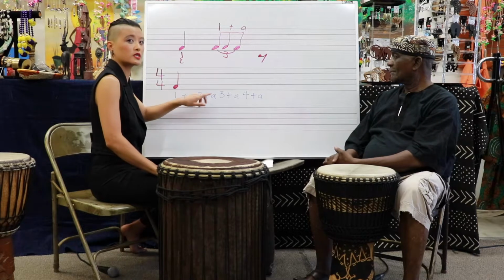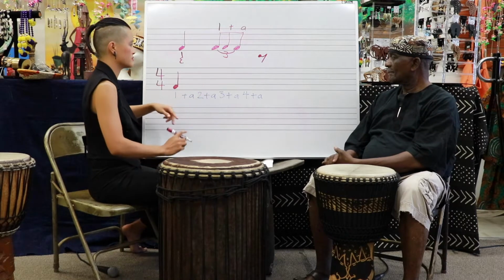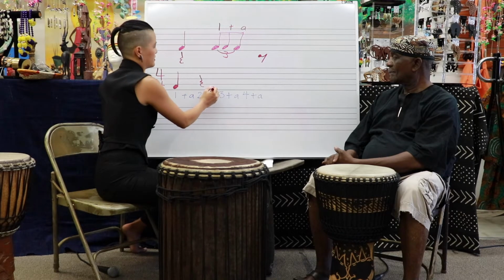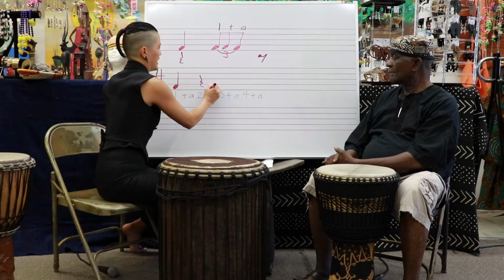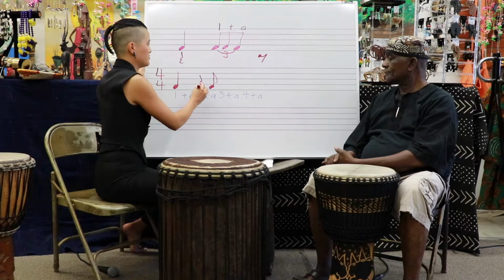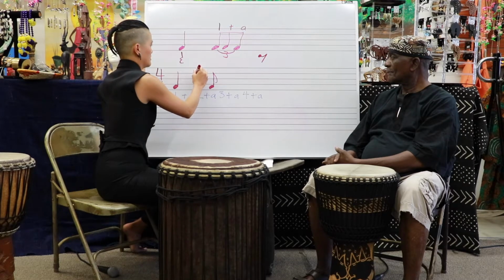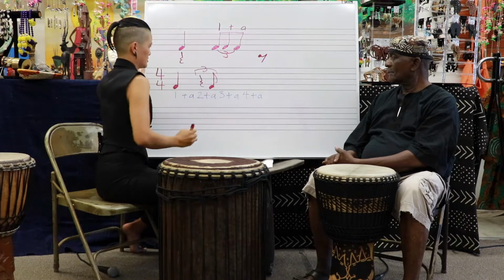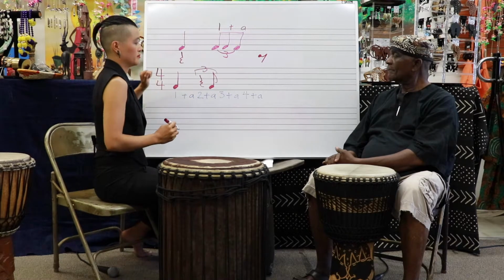Remember that a quarter note is equal to 2 eighth notes. So it looks like this. And on the a we get an eighth note. Now notice, again, this is a triplet subdivision, so I have to notate that by writing a little 3 above it.